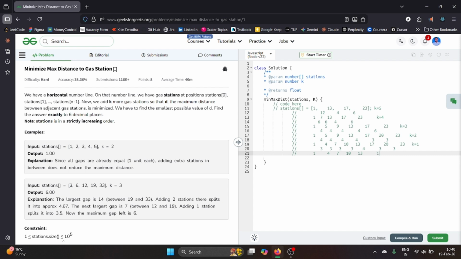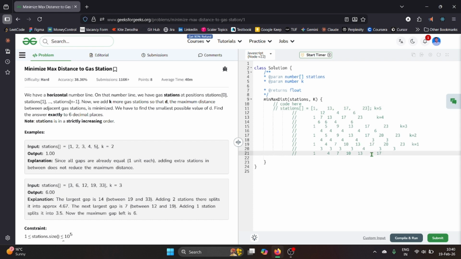Here you can see that we have to put one gas station, and the original one has zero gas stations in between them.